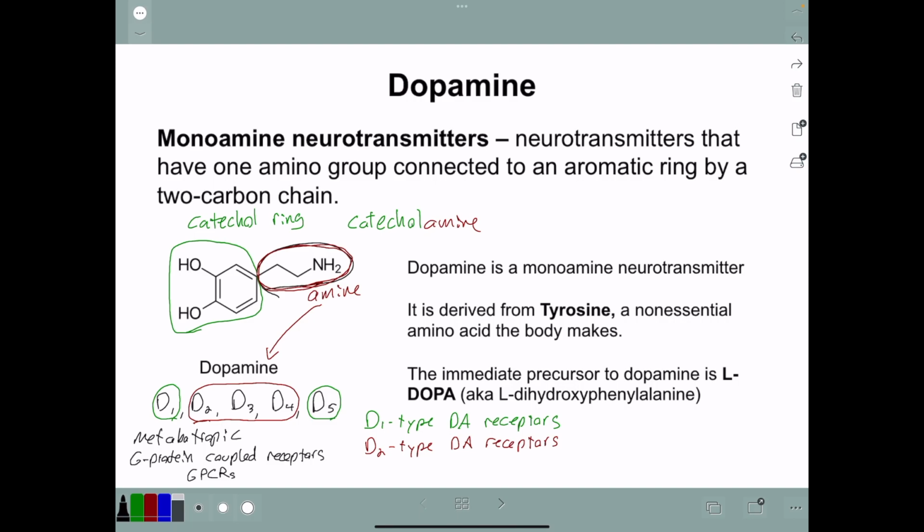So none of these receptors are ionotropic. So that means dopamine isn't binding to a receptor and causing an immediate influx of an ion through a channel. It may influence other channels indirectly through metabolic pathways, through the signaling cascade that initiates via these metabotropic receptors. And so what kind of GPCR are D1 receptors, right?